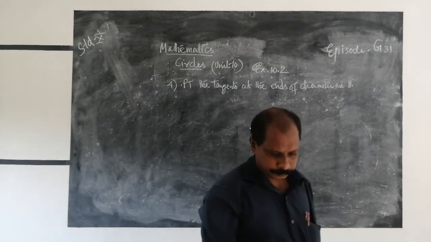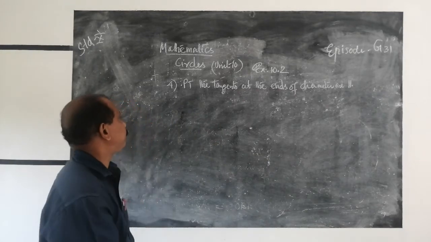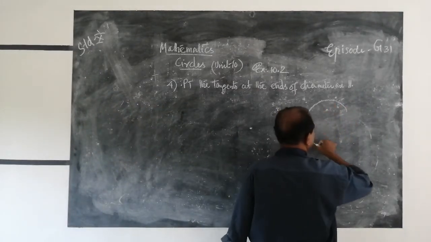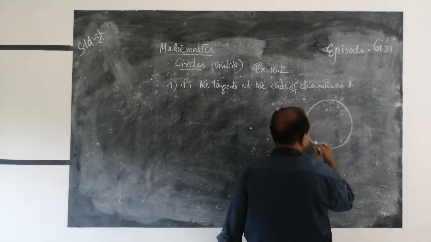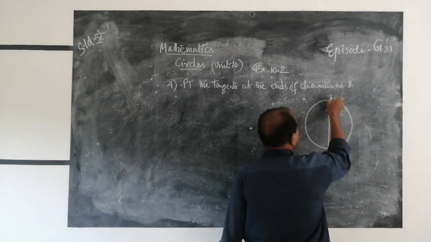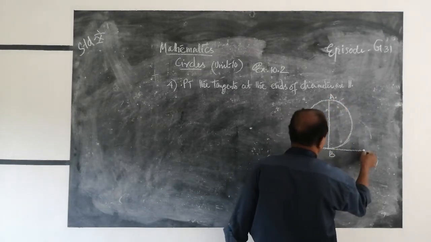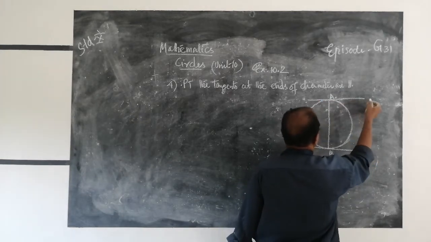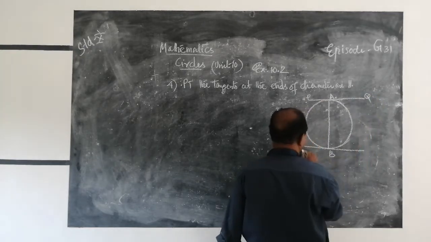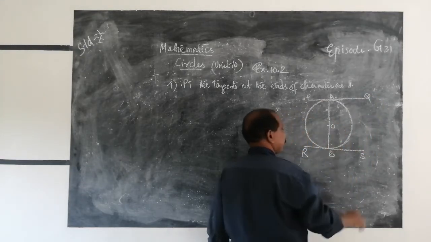That is the question. For the proof of that one, consider a circle. This is the diameter PQ or AB. There are two tangents, PQ and RS. O is the center.